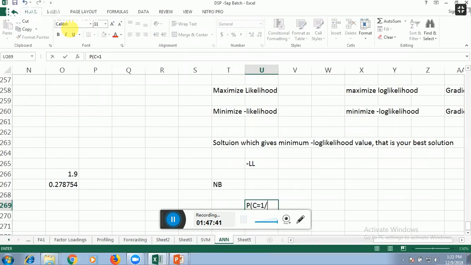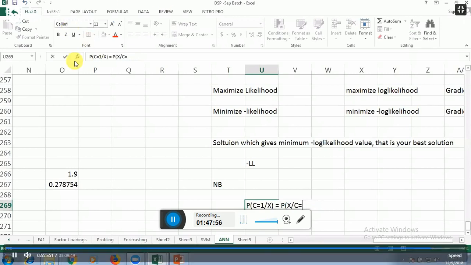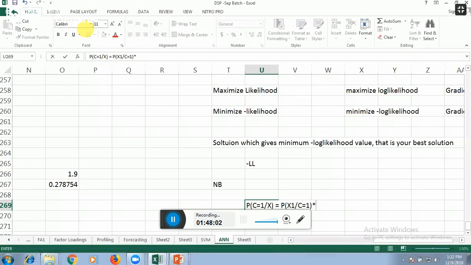If class equals 1, given x, this is the same as probability of x1 given c equal to 1, multiplied with probability of x2 given c equal to 1, and so on, and of course multiplied with probability of c equal to 1, divided by probability of x, where x is x1, x2, x3 values.